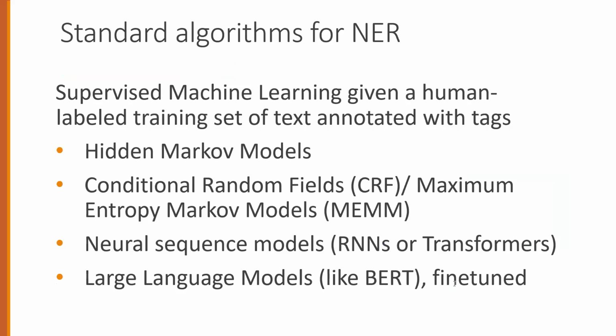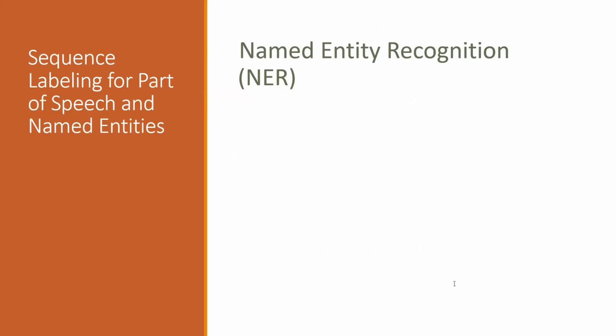Like part of speech tagging, named entity recognition is done by supervised machine learning, where we have a human-labeled training set in which some text is marked up with named entity tags. We can use classic ML algorithms like hidden Markov models or CRFs, or neural models. We have now seen the idea of named entity tagging, an important first step in many NLP algorithms.